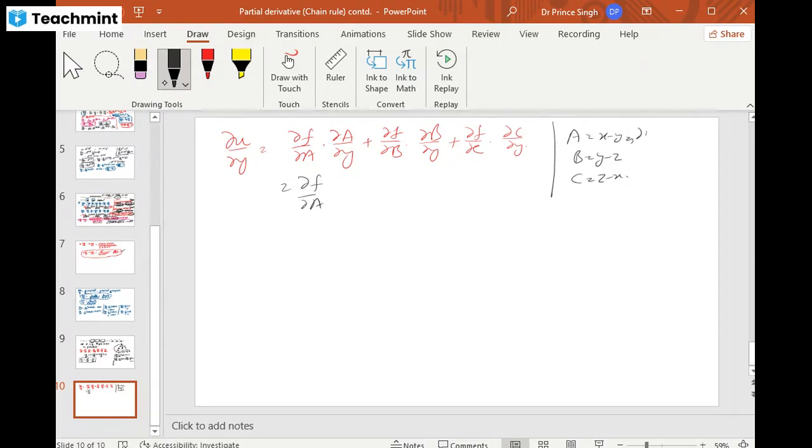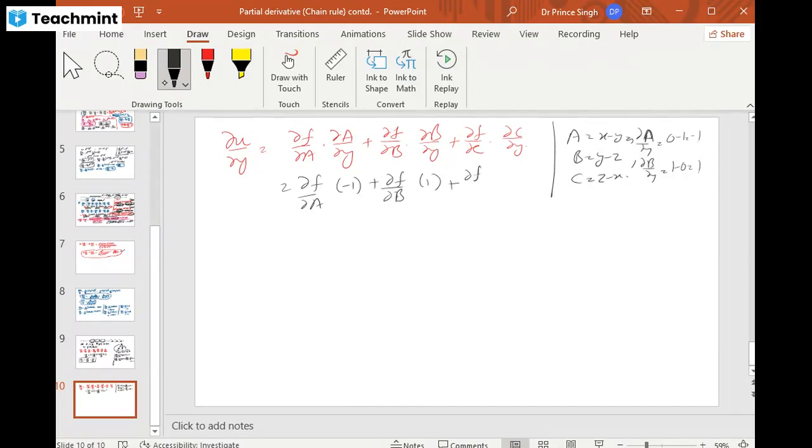What is the derivative of a with respect to y? This is minus 1, because derivative of x is 0, derivative of y is 1, so its value is minus 1. And again, ∂f/∂b remains as it is. Derivative of b with respect to y is 1 minus 0, because derivative of y with respect to y is 1, but z is 0 with respect to y, because that is treated as constant.